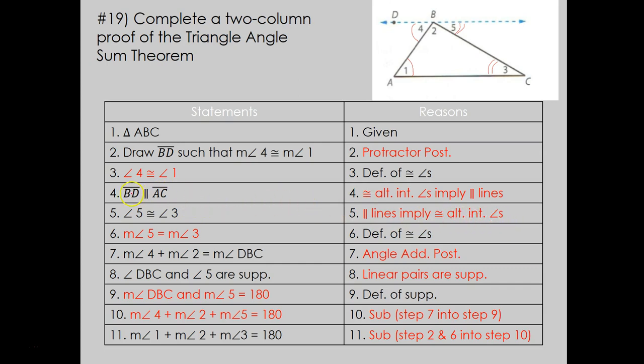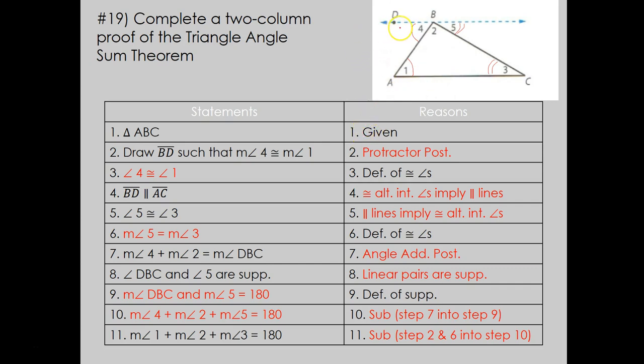We can now go from congruency in step 5 to equality in step 6. So the measure of angle 5 equals the measure of angle 3. We can now use the angle addition postulate to say that the measure of angle 4 plus the measure of angle 2 equals this angle, DBC.